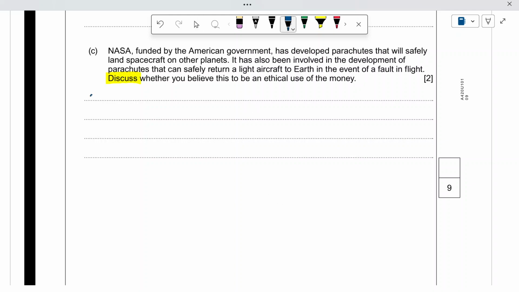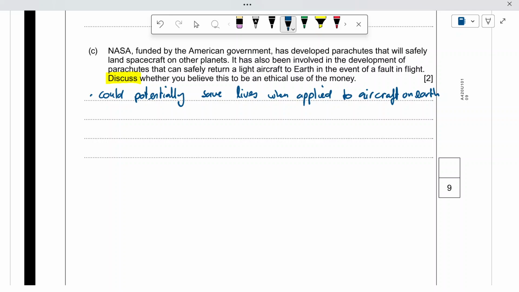So points to make here: it could potentially save lives when it's applied to aircraft on Earth. Earth should have a capital E there, but anyway. So that's a point. It could save lives, which is obviously a good thing.